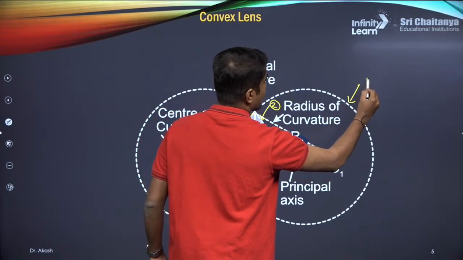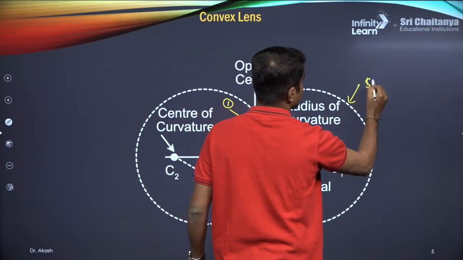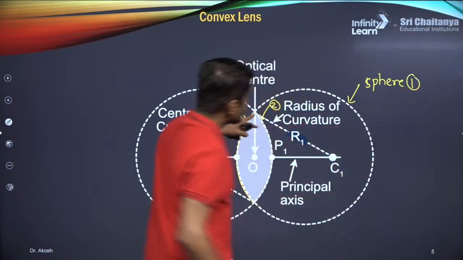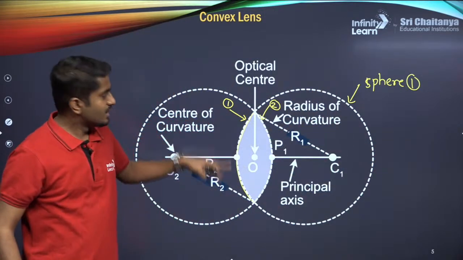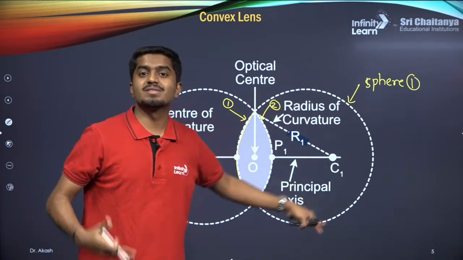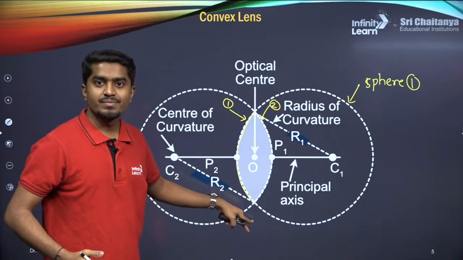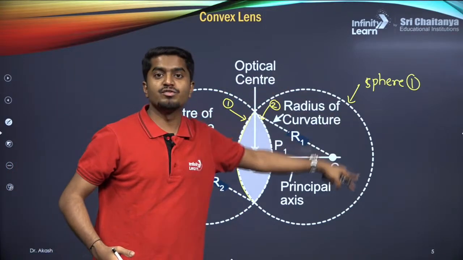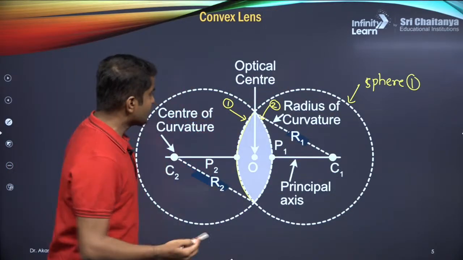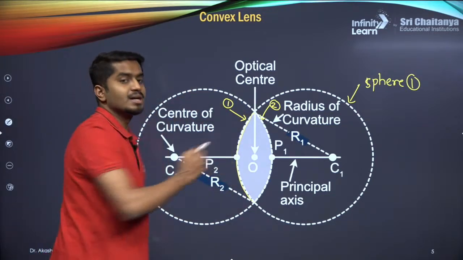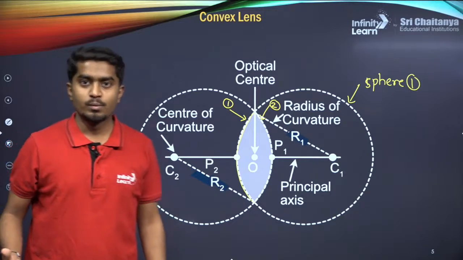I'll write here, sphere 1. It is an imaginary sphere, not a physical sphere that is present, just that this edge is a part of this sphere. Similarly, surface 2 is a part of sphere number 2, right?